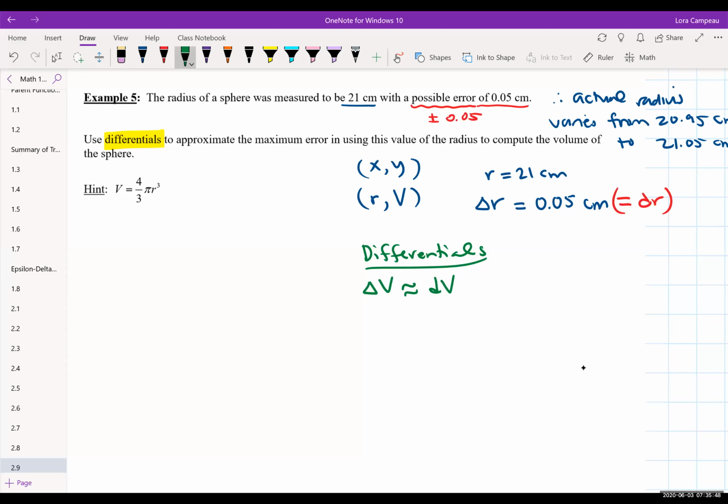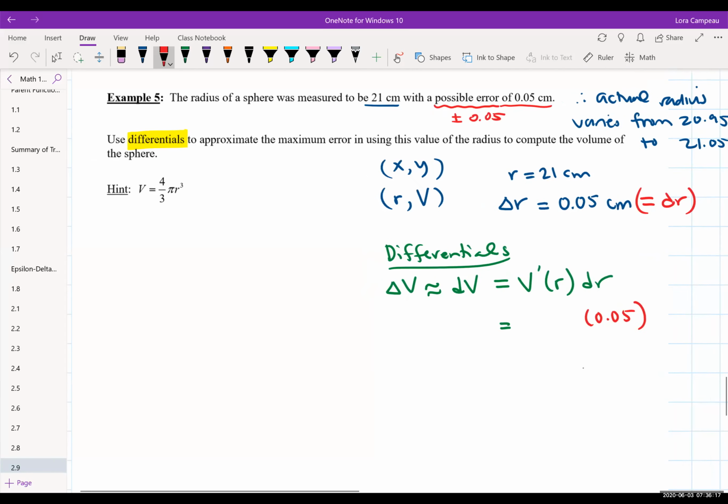That formula is found by taking the derivative of the volume with respect to r, multiplied by dr. We already know dr is 0.05 centimeters. We have to calculate the derivative of volume with respect to r.